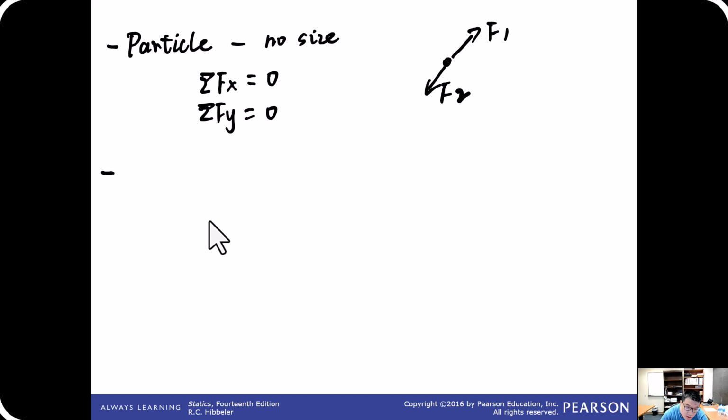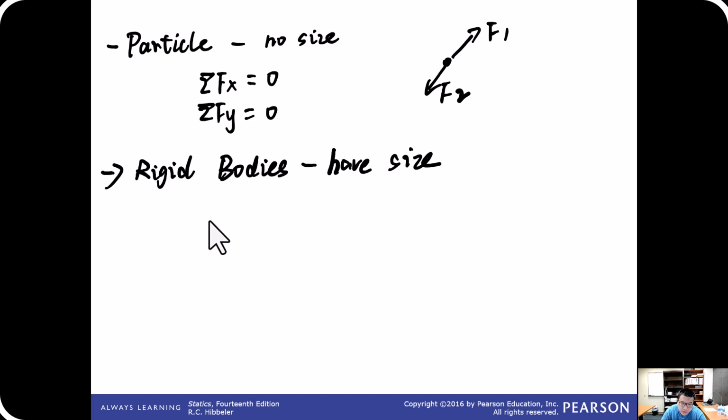So from today, we will discuss the equilibrium of the rigid bodies. So a rigid body has size.